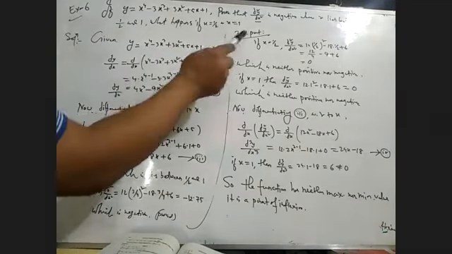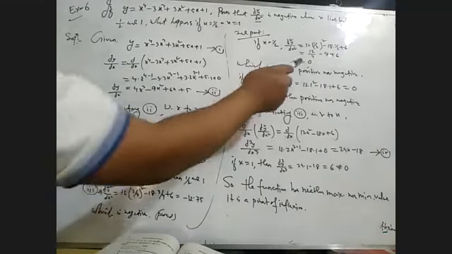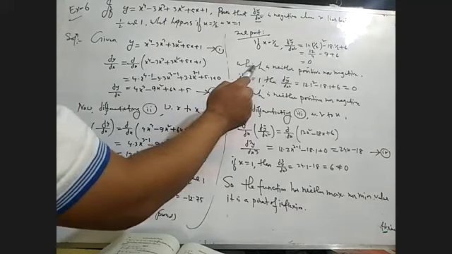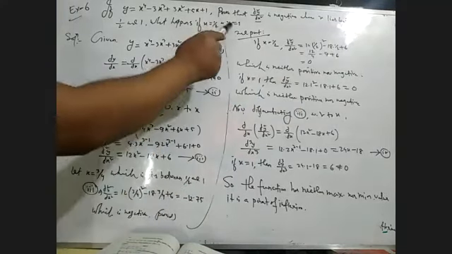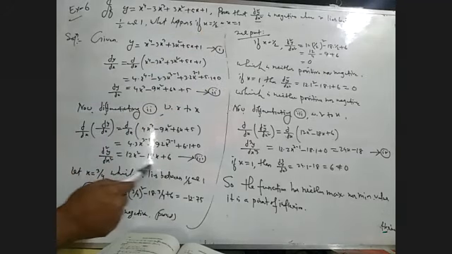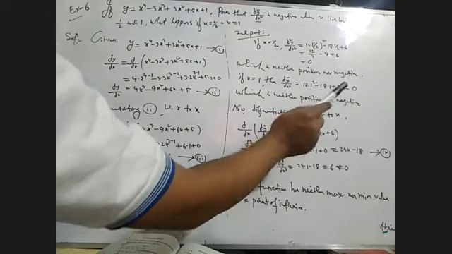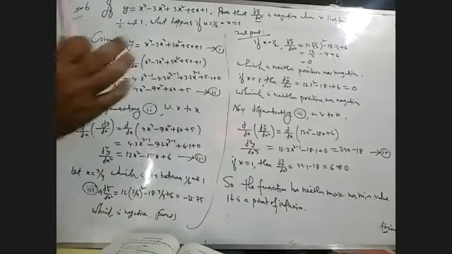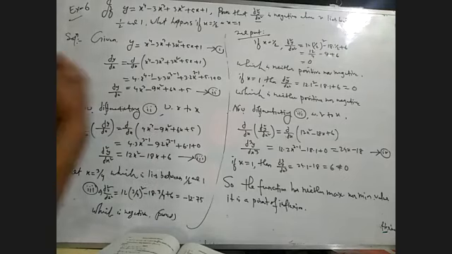Now for the second one, if x equals half, the second derivative value is 0, which is neither positive nor negative. Again, if x equals 1, the second derivative value is 0, which is also neither positive nor negative. That means these are not critical points.